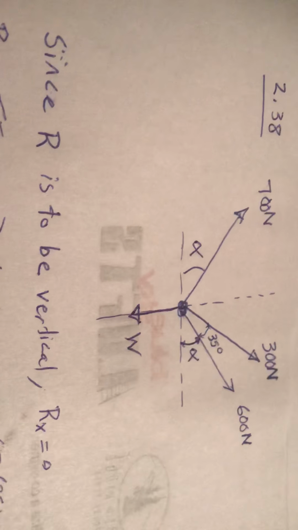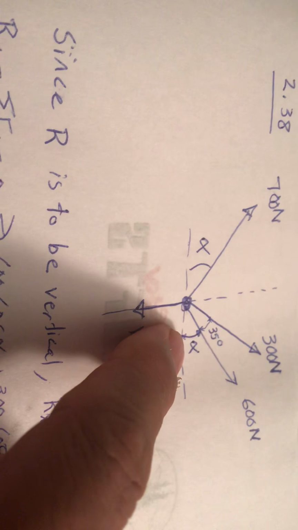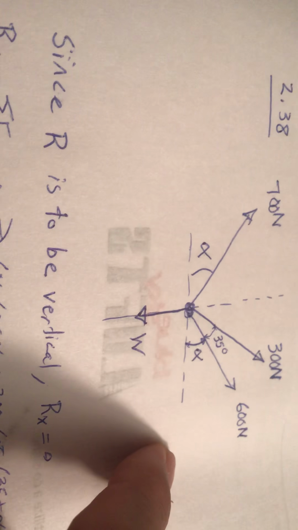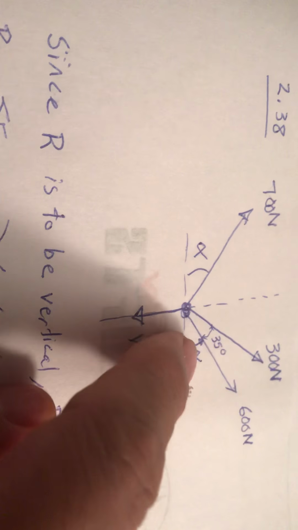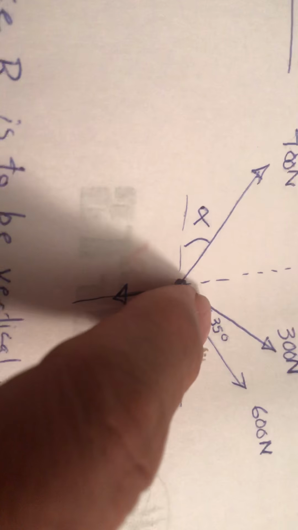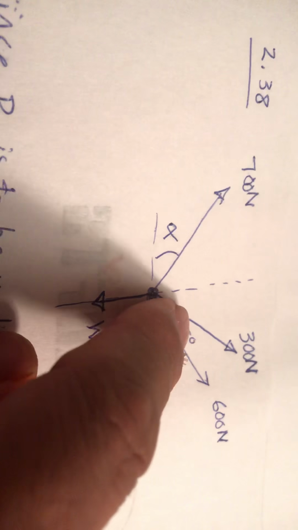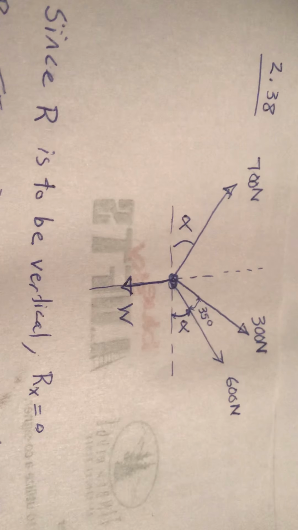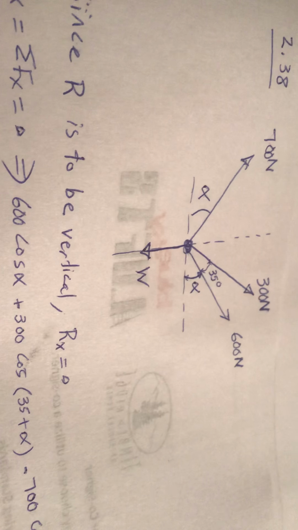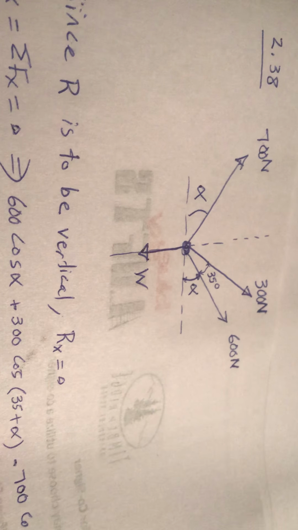Now, 600 cosine alpha in the x-axis, and 300 cosine of 35 plus alpha, because these two angles should be included, since you're finding the angle toward the x-axis. So 600 cosine alpha plus 300 cosine of 35 plus alpha.